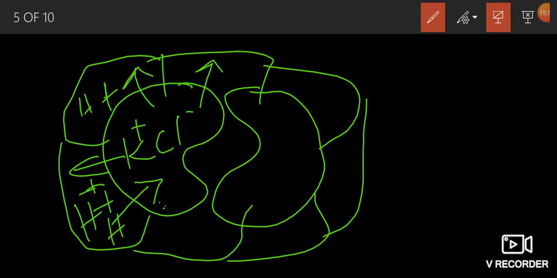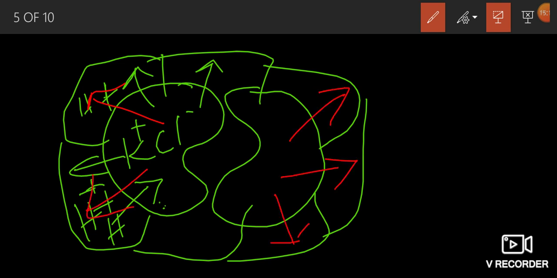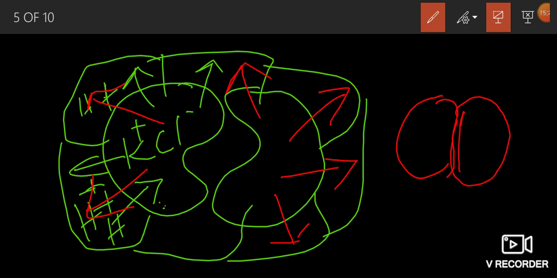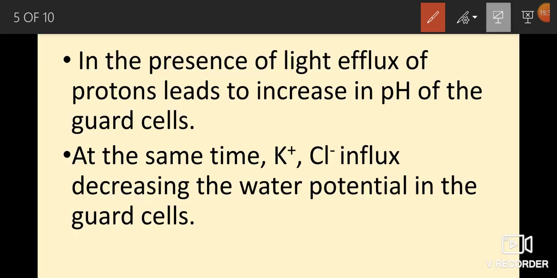Then water moves from high concentration to low concentration, from the guard cells to the subsidiary cells. So when guard cells lose water, they become flaccid. So the stomata is closed during night time. This is the process.